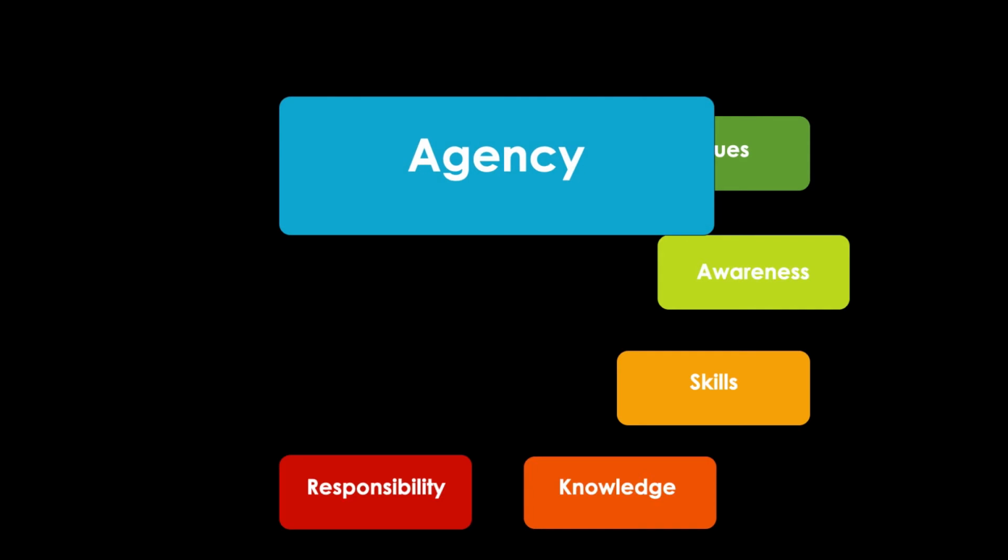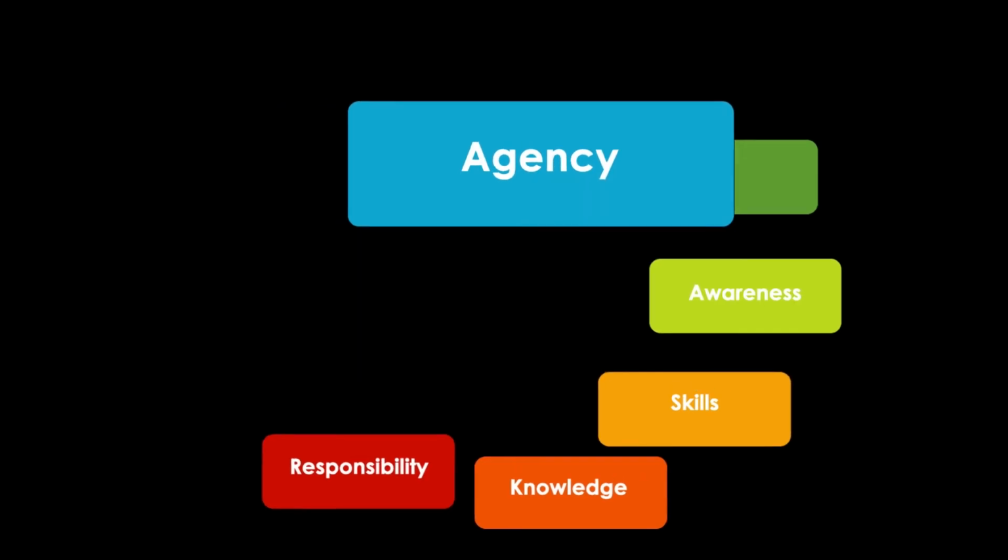Next is agency, which is about empowerment. The last step in each fluency enables student agency. Agency is about giving students the opportunity to take action and make a difference through their contributions, no matter how big or small those contributions might be. From an early age, students learn that their actions can make a difference.